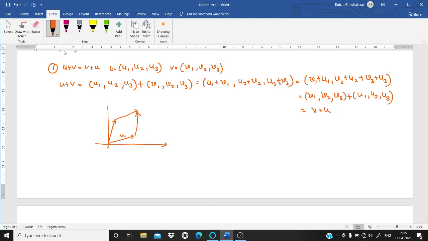If this is u, this is also u. This is v, this is also v. And the diagonal will be u plus v. Clear? So if I call these O, A, B, and C, the addition of OA bar with OB bar is nothing but OC bar.